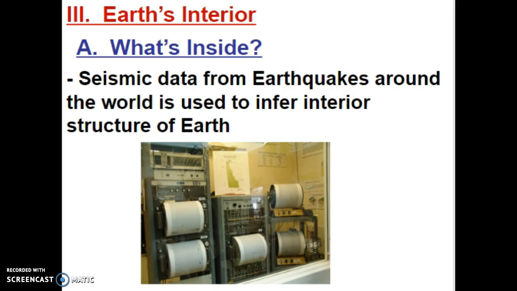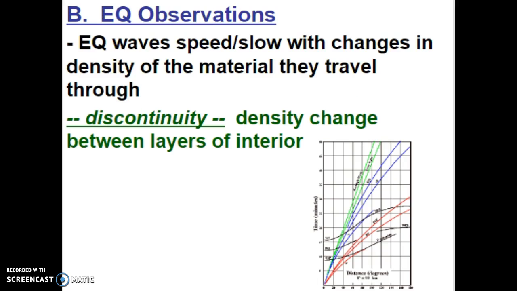Remember, we had two types of seismic waves. We have body waves, which were the primary and secondary waves. Those travel through the Earth. And surface waves, the L and the R waves, travel around the surface. So we use those body waves almost like an X-ray to see what's going on inside the Earth.